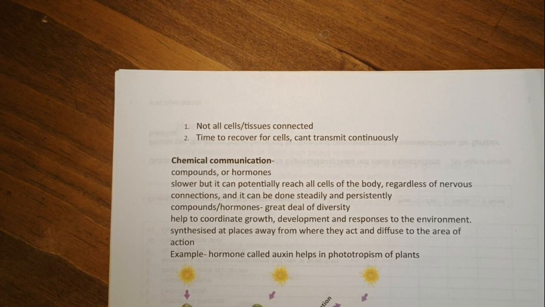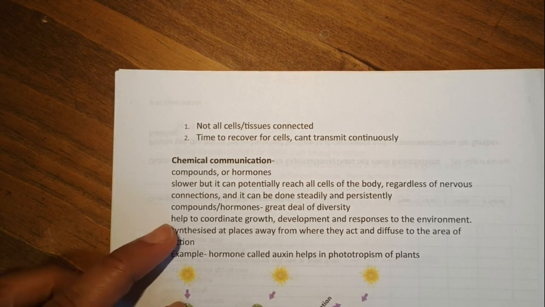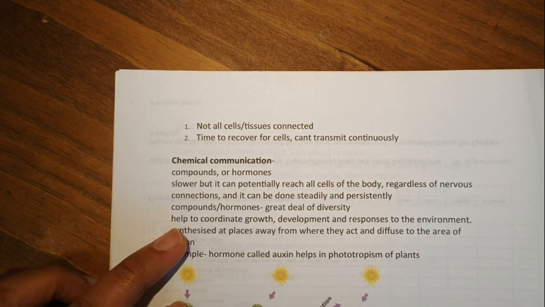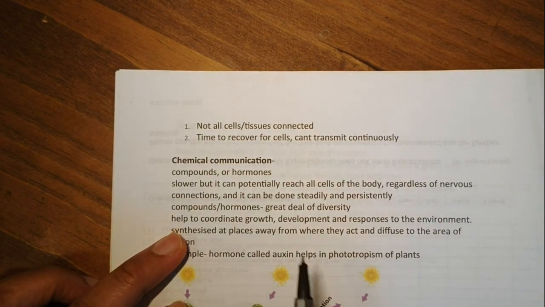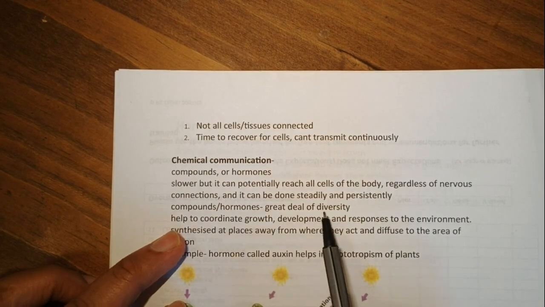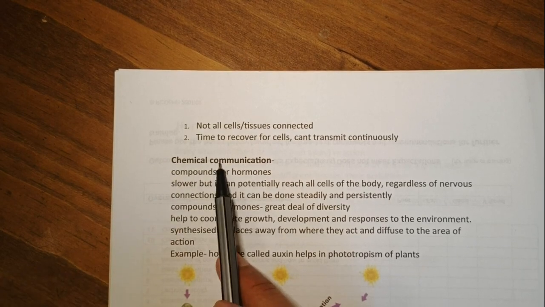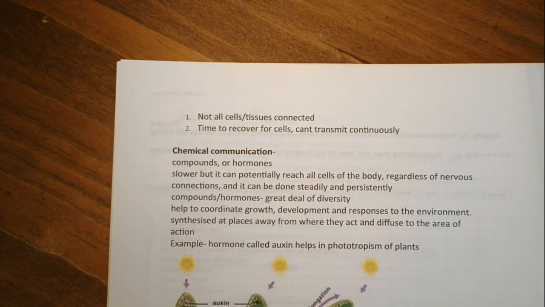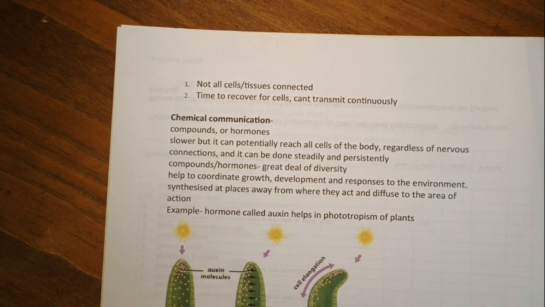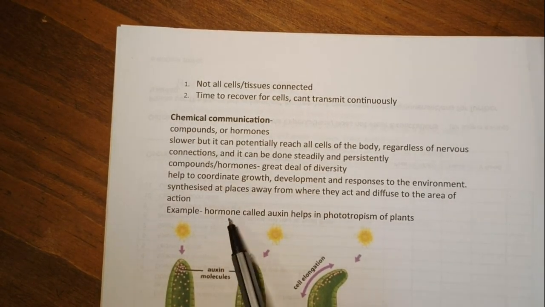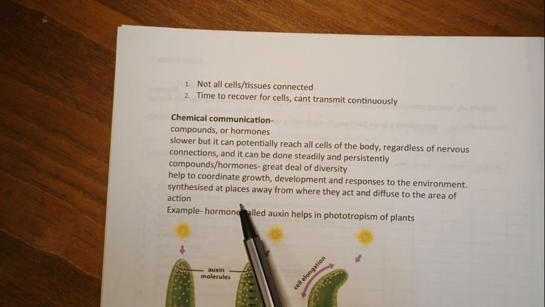Because there are various types of body functions, there will be a great deal of diversity of these hormones or chemical compounds that are used for chemical communication. These compounds are used by multicellular organisms for control and coordination of various body functions.